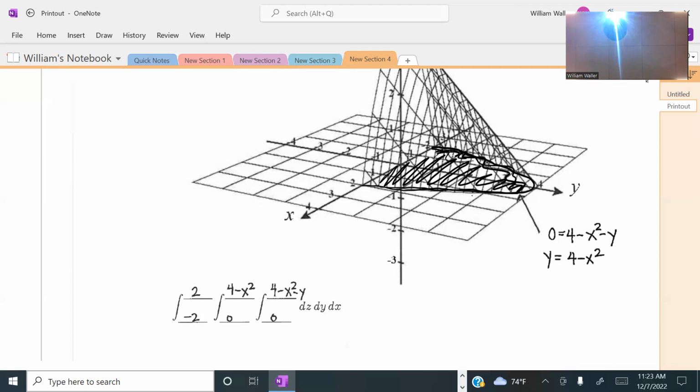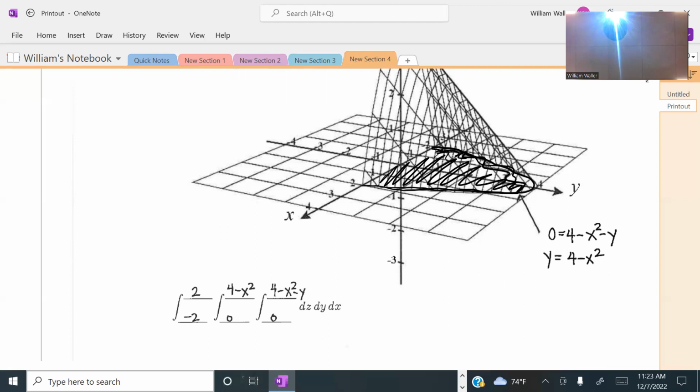And that's why I wrote my second variable of integration as y, right? So I did dz first, always first for the triple integral. Then I did dy because my limits for y are going to be from 0 up to this curve, but this curve is 4 minus x squared, right?